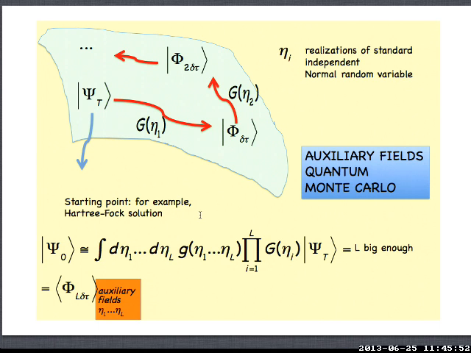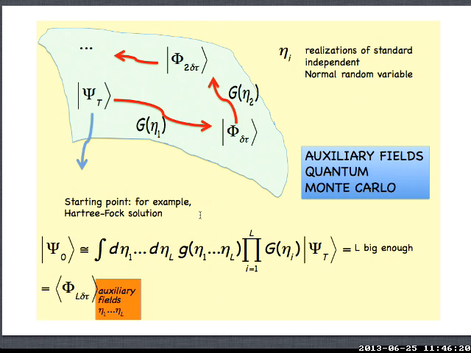Waiting for a sufficiently long imaginary time, one recovers the ground state of the system as an integration, weighted by a standard normal Gaussian measure, of Slater determinants. And this I write in the following way: the ground state as an average of Slater determinants over the stochastic auxiliary field paths.